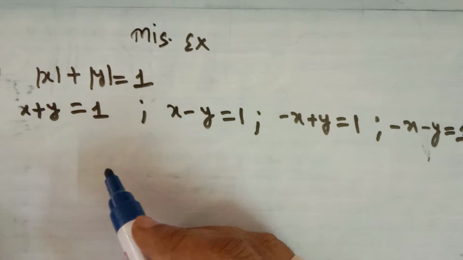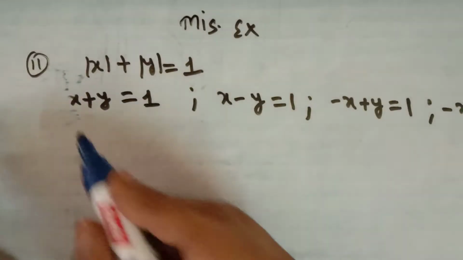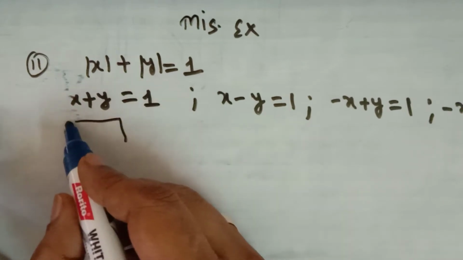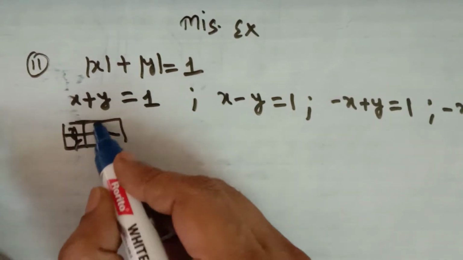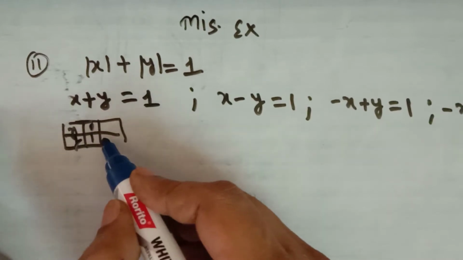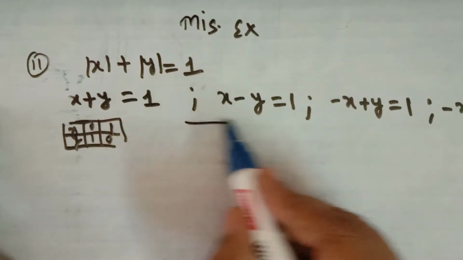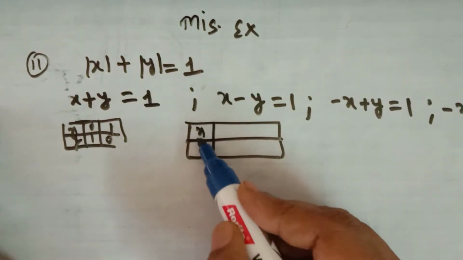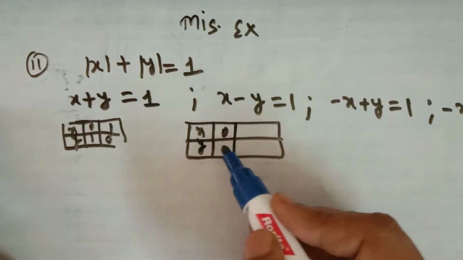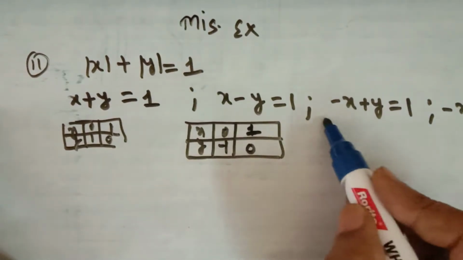Either you can find the pairwise point of intersection, or you simply find the solution set for each of the following. In this, if you take x 0, y will be 1, and when we take y 0, x will be equal to 1. In the second equation, you can take the solution set as when x 0, y is minus 1, when y 0, x will be equal to 1.